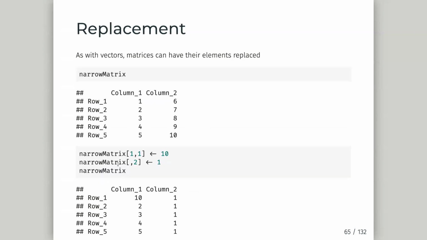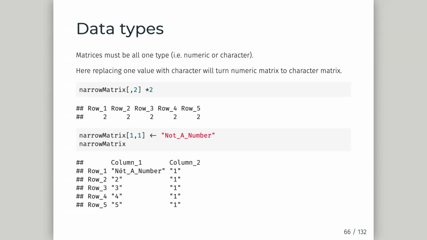And you can see, before it was 1, it was written out differently. They were numeric. Now, even though I'm not touching the second column or any of the other rows, the whole thing becomes string. That is important in base R, because the reason matrices are fast is because it assumes that it's all one data type. So as soon as you start changing any of the matrix, it's going to become a string.